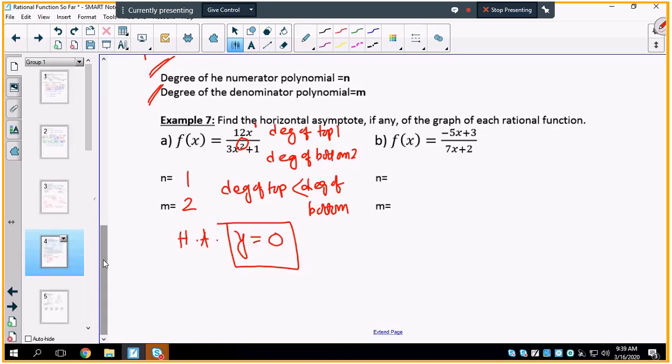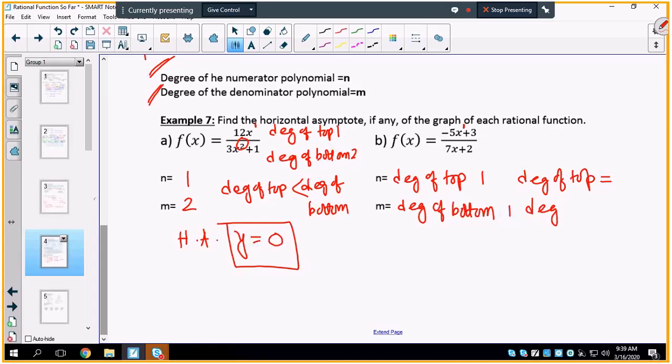The next example, the degree of the top. Say n is degree of top, and if you recall, it is 1 as well, whereas on the bottom, which I'm calling m, degree of the bottom is 1 as well. So degree of the top is equal to degree of the bottom. That's our second rule.